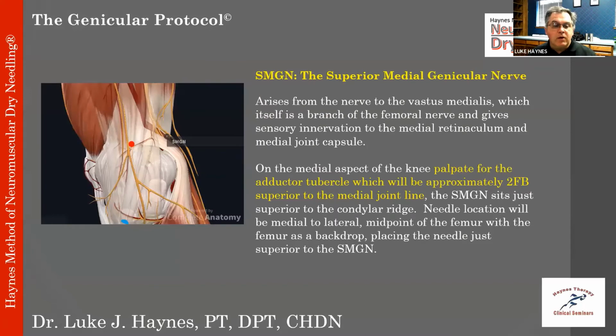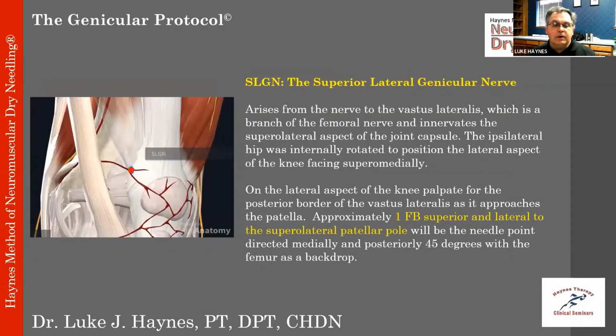The superior medial genicular is going to be at the location of the adductor tubercle on the medial aspect, about 2 finger breadths superior to the medial joint line. The superior lateral genicular nerve is about 1 finger breadth superior and lateral to the superolateral patellar pole, needled at about a 45-degree angle.